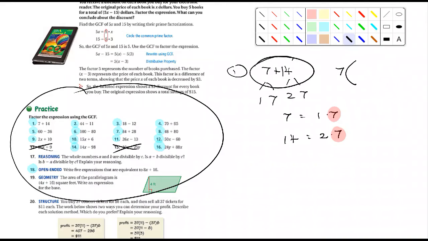So it's going to be 7 times, because remember, if it's a number right next to the parentheses, it just means times. 7 times 1 plus 2. So, look what we've got here. What's 7 times 1? 7. Plus, what's 7 times 2? 14. And you see how they now match?